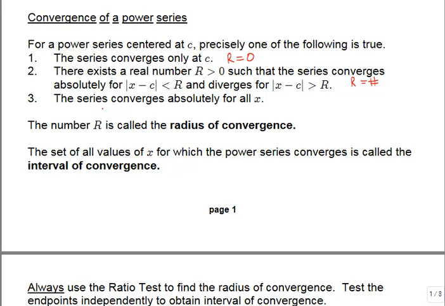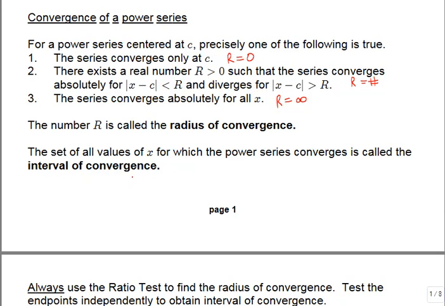And in the third case, if you converge absolutely for all x's, then that means you converge for everything, so your radius of convergence is going to be infinity. Now the set of all values of x for which the power series converges is called the interval of convergence.